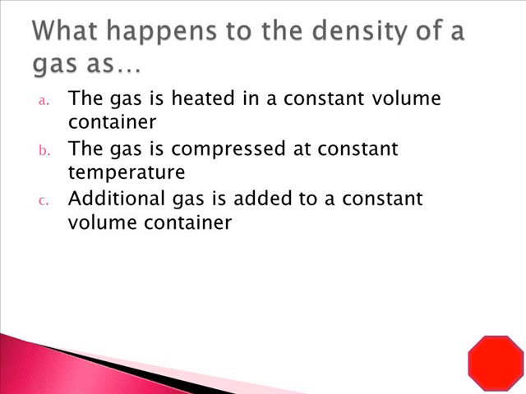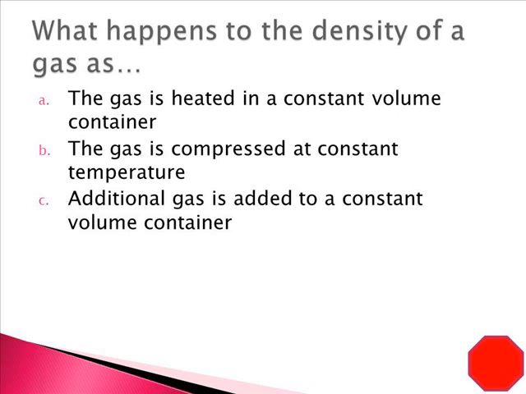Anything that doesn't change the mass or the volume doesn't change the density. So for part A, if we heat that up, the particles are moving faster, the pressure increases, but that has nothing to do with the mass. It's the same number of particles, so the mass has not changed. The volume has not changed. Part A even tells us constant volume container. If the mass hasn't changed and the volume hasn't changed, the density hasn't changed.